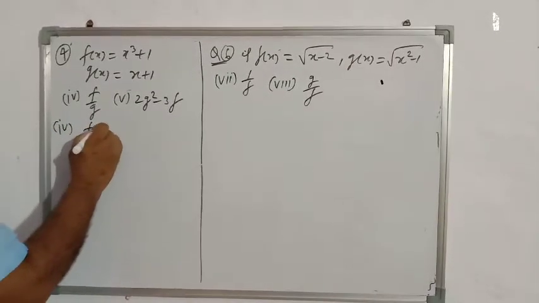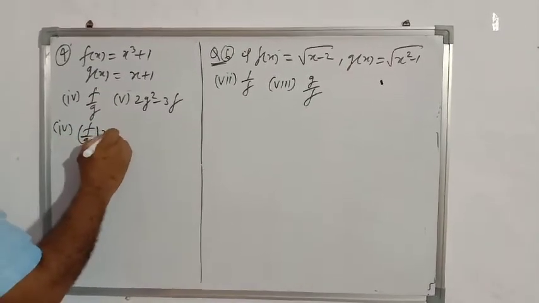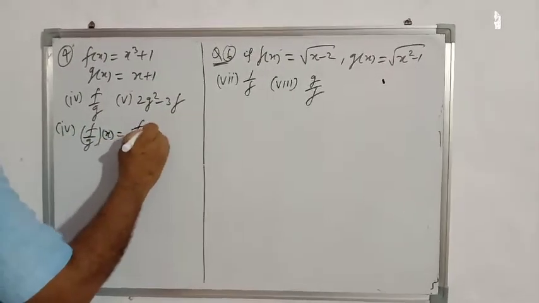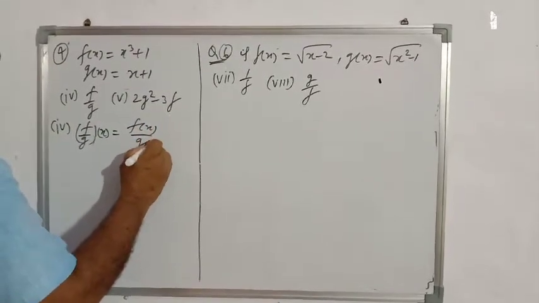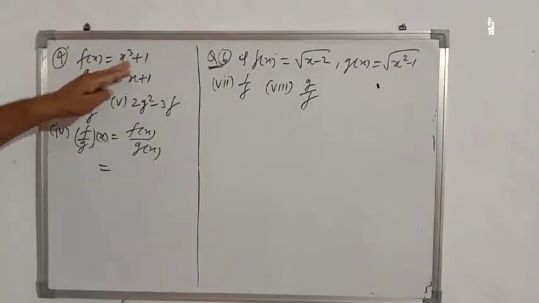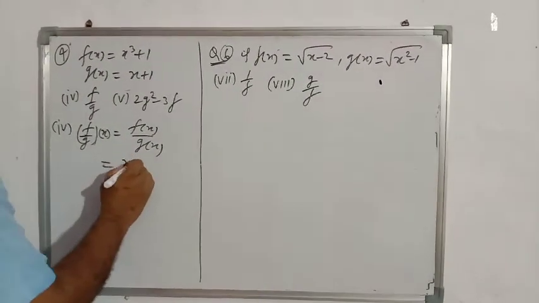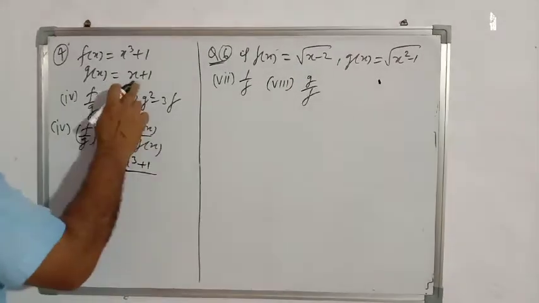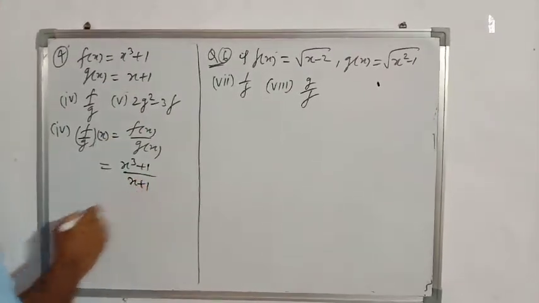We will write f by g x, so we can write it fx upon gx. What is fx? x cube plus 1, and gx is x plus 1.